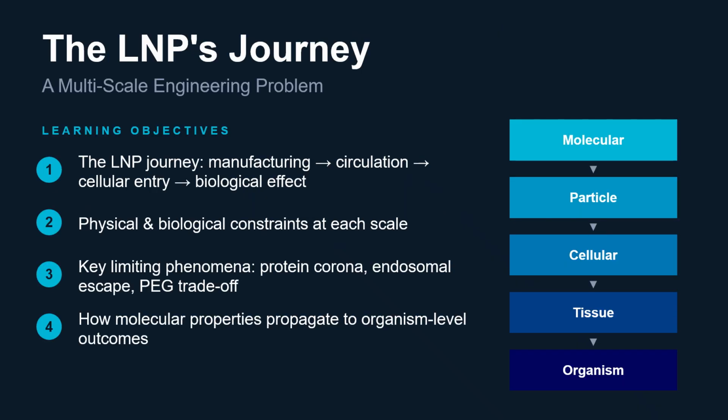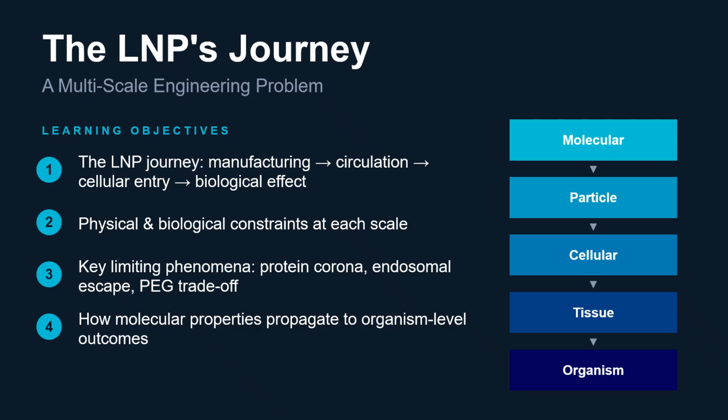So at each scale, maybe molecular, particle, cellular, tissue, and organism, different physical and biological constraints come into play. And these things shape delivery performance. So in this lecture, we will highlight key limiting phenomena.